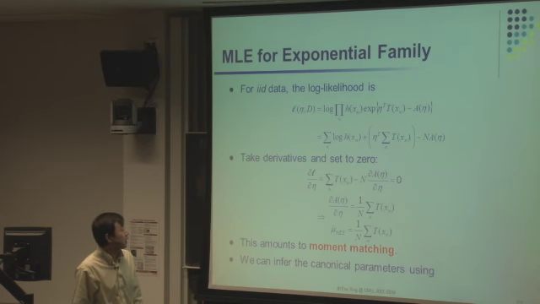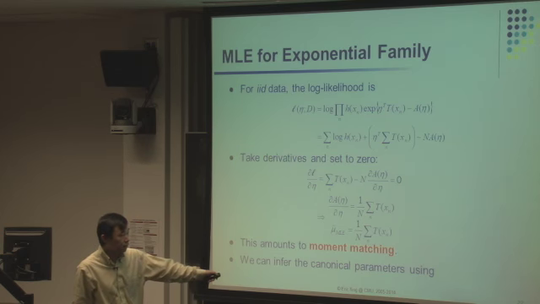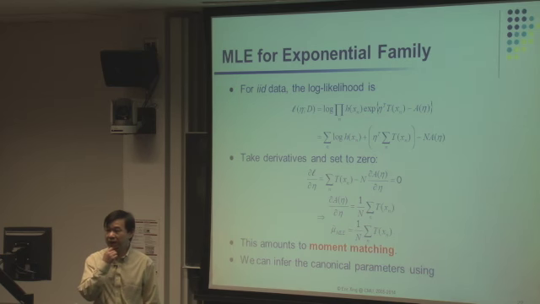Taking the derivative and doing all that, at the end of the day, the MLE estimate of the moment parameter is going to be the sample average of the sufficient statistic. That's a very nice thing, because this form of the sufficient statistic T is very apparent in our definition of the exponential family distribution.